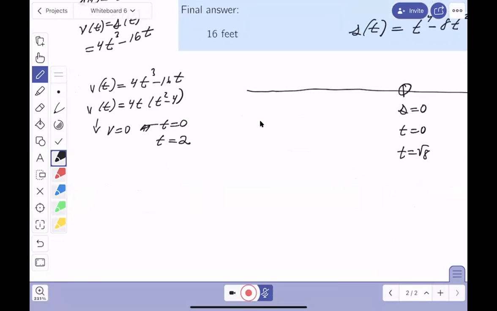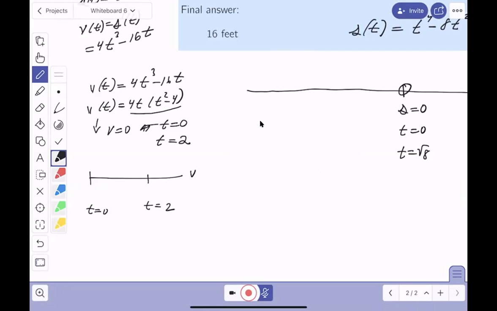So what I want to do is talk about the motion of it. And what do I know? This is the velocity I'm looking at now. So I know it's on the interval, and we're talking about t now, at t equals 0. What's the velocity after 0? Well, let's take a look at it. You just plug it in. I'm going to go up to 2. t is 2. So between 0 and 2, what's the velocity equal to?